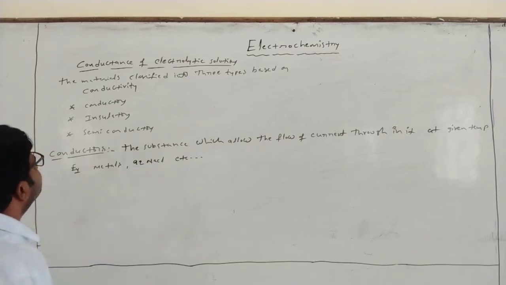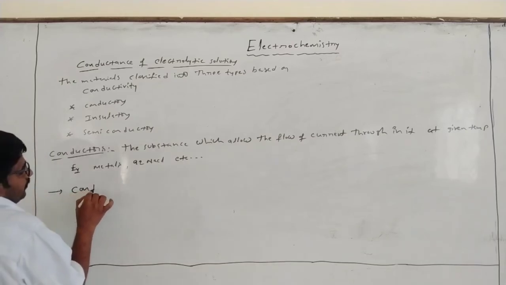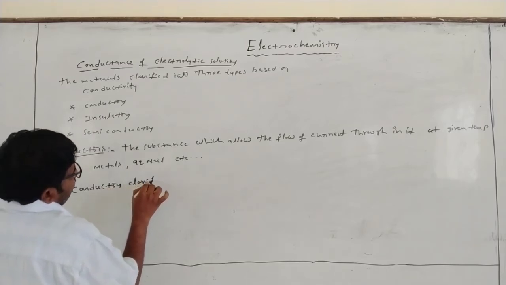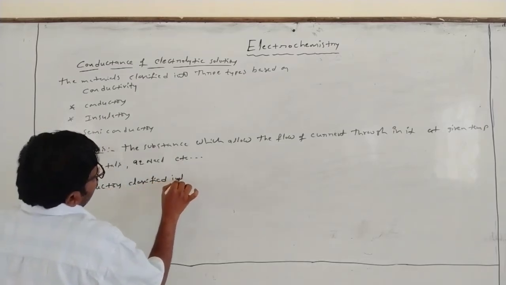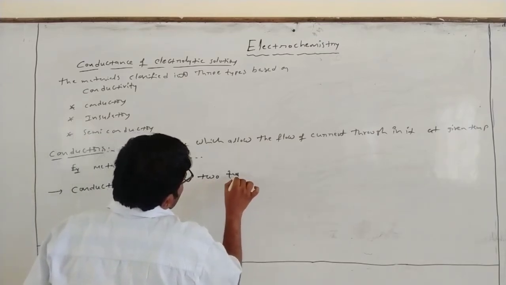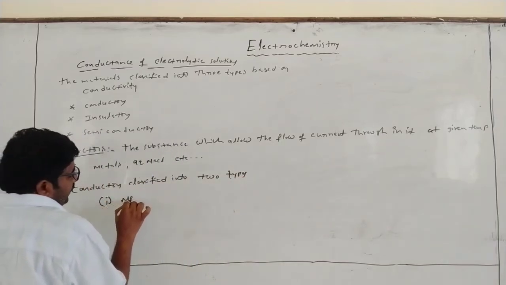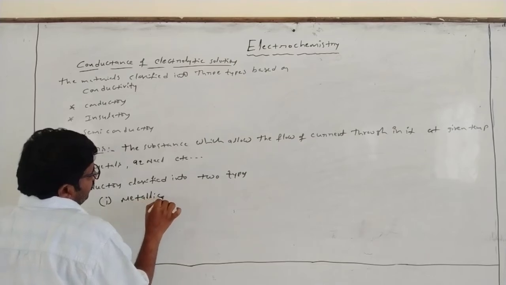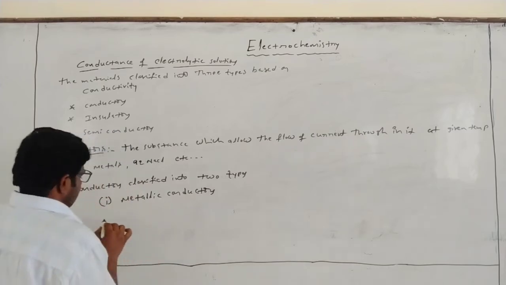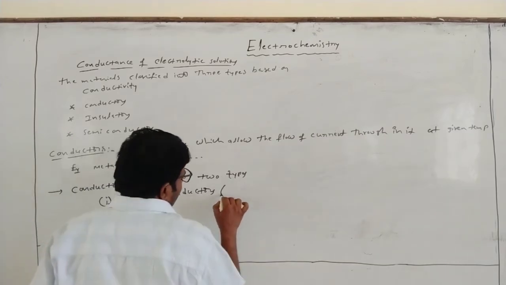Okay. Now conductors are classified into two types. First one is metallic conductors, also called electronic conductors.